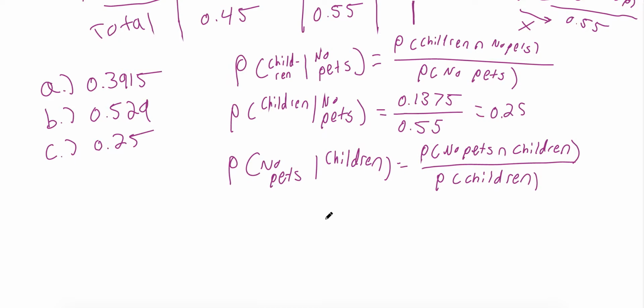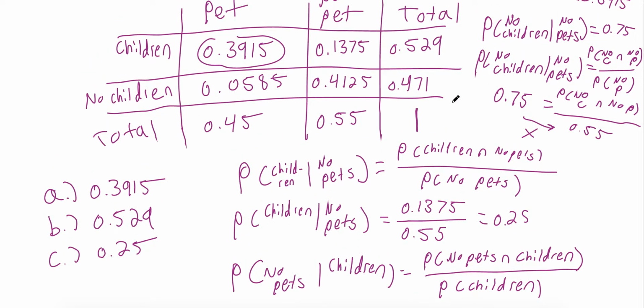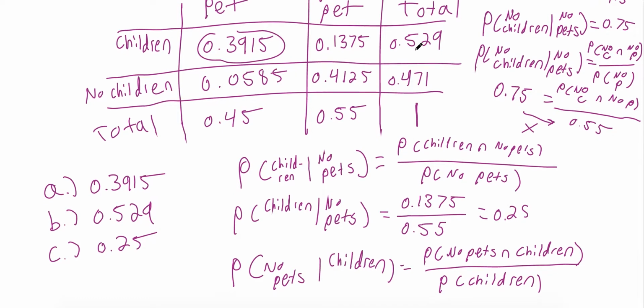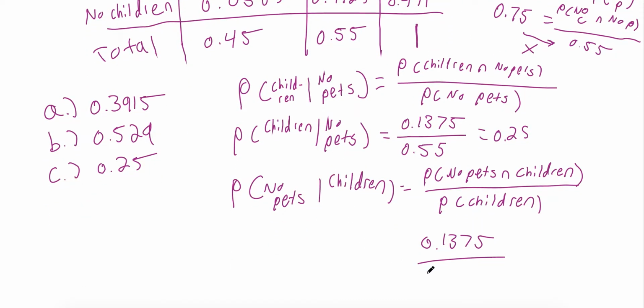0.1375, but in this case we're dividing by total number of children, which is 0.529, but in C we divided by the total number of no pets. So that total number of children in this case is 0.529. Let me write this again.